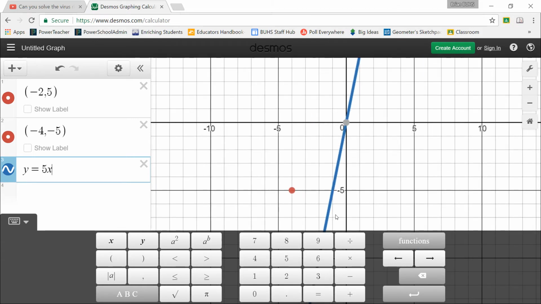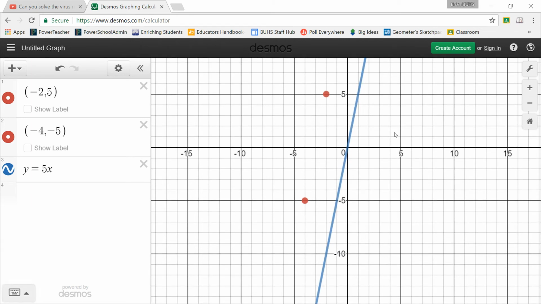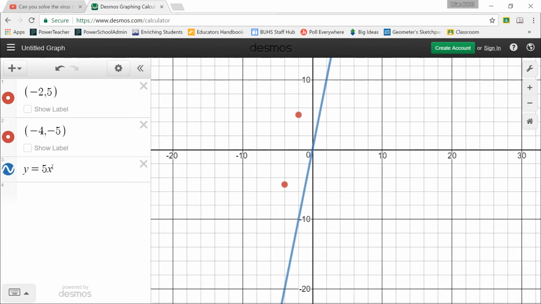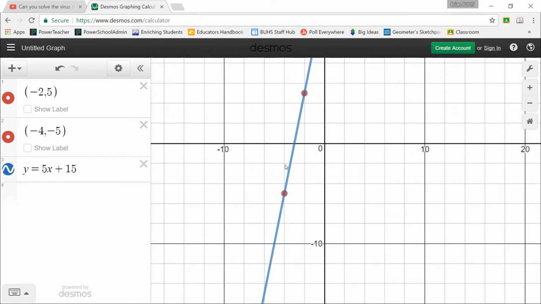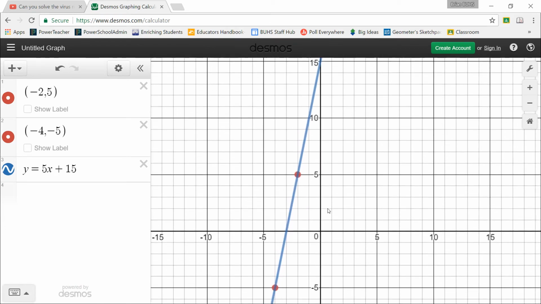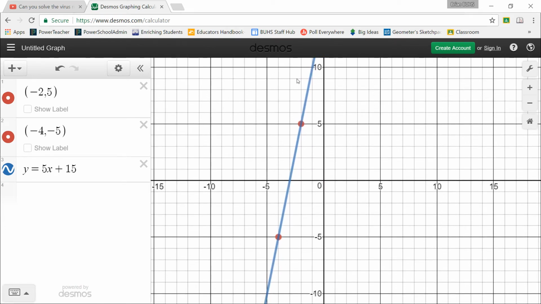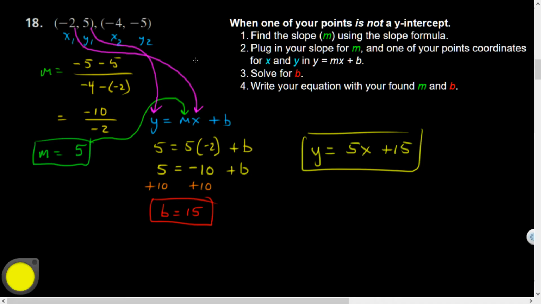Notice, does that blue line seem to match the slope of those red points? Yeah. And then we said that the y-intercept was 15. Bam! Direct hit, guys. Look how awesome that is. So that is graphically what we did algebraically. All right, that's what was going on.